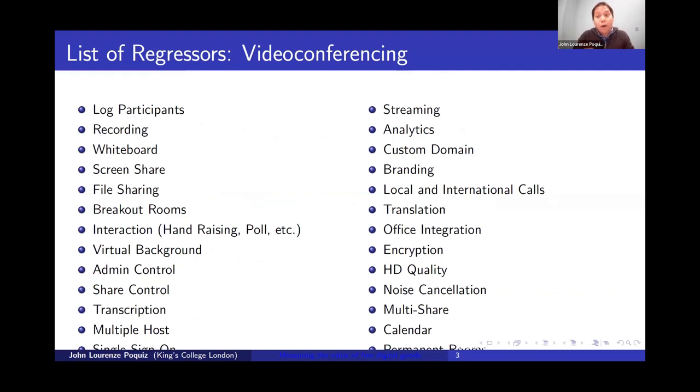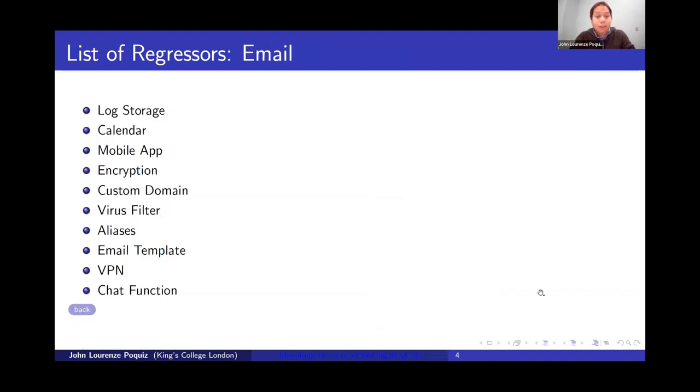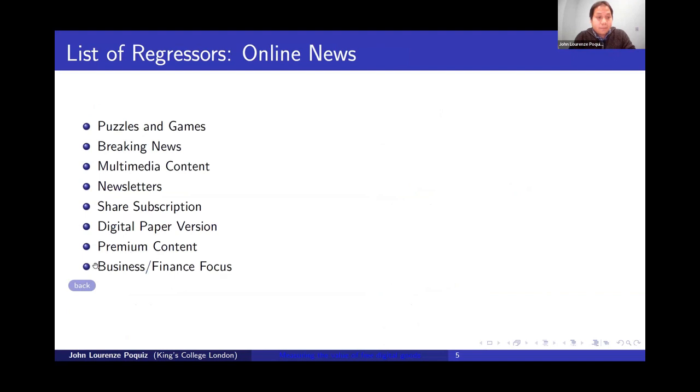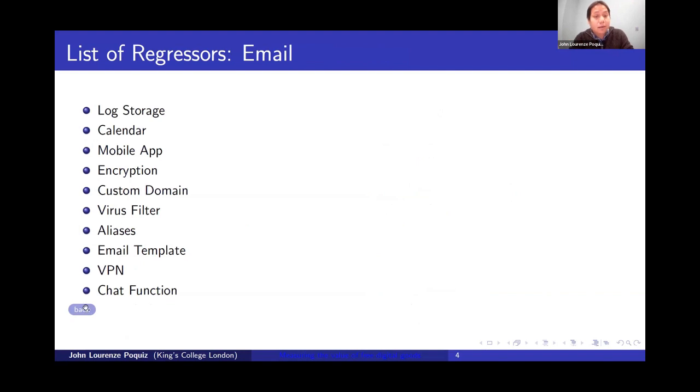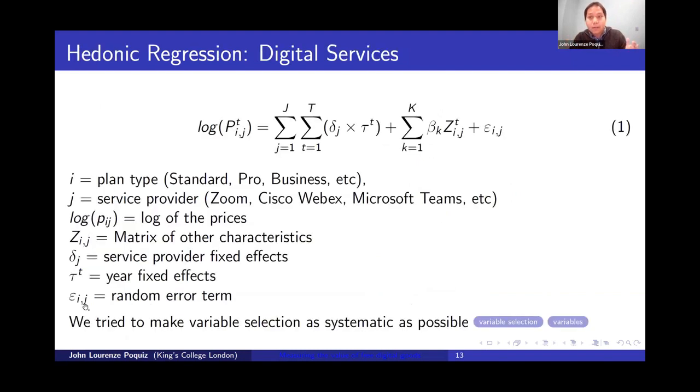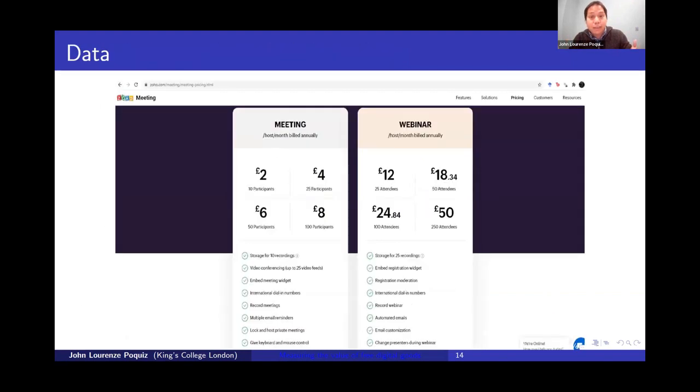So we would want to include as many characteristics as we can in this regression, anything that would not cause multicollinearity. Later on, I'm also going to talk about one of the problems we encounter in measuring the price.